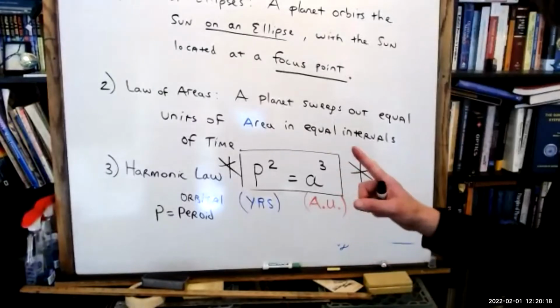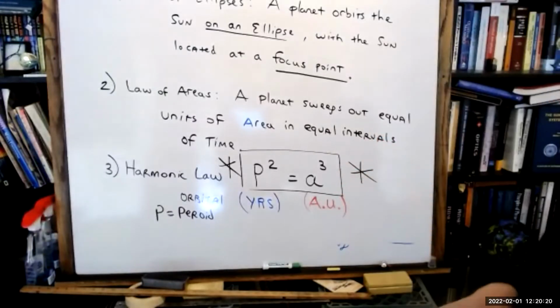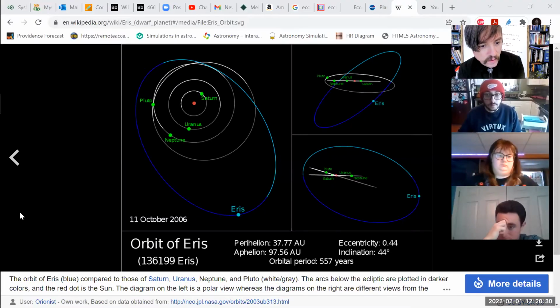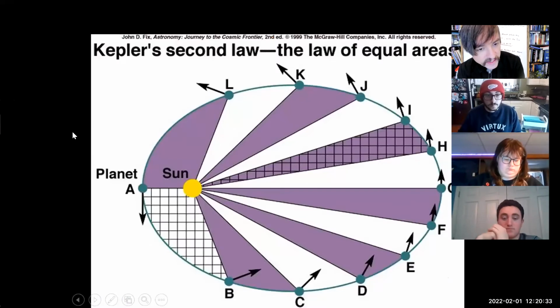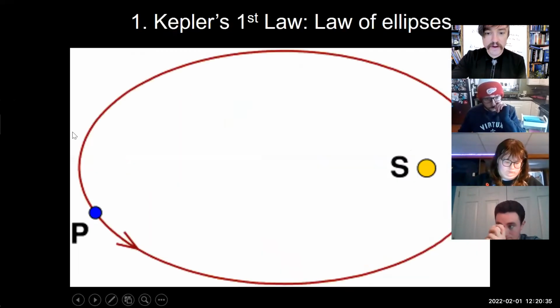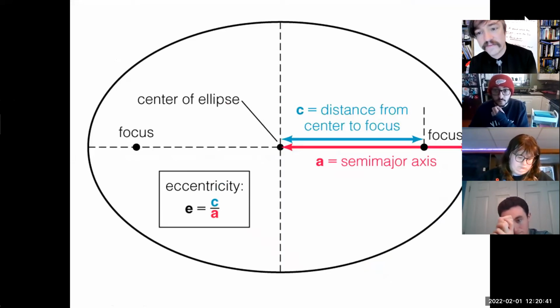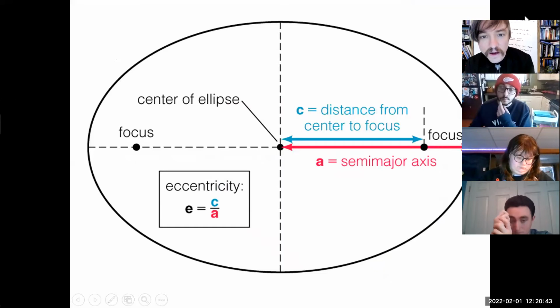A, however, requires a little bit of explanation, because A is what? AU. Those are its units, but that doesn't describe what it is. Distance from Earth to Sun. Kind of not though. Yes and no.